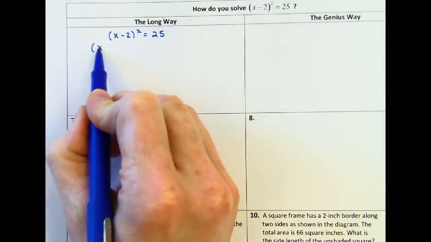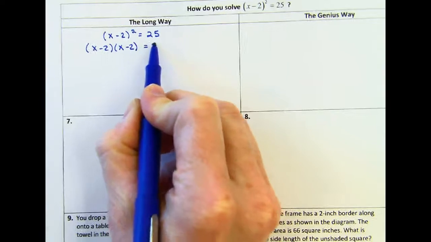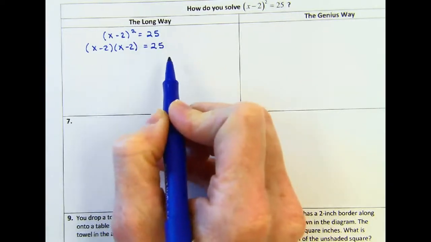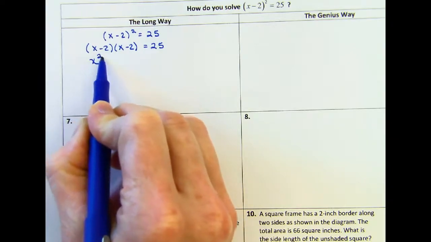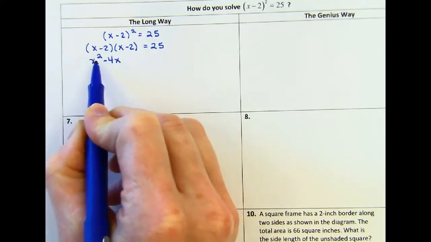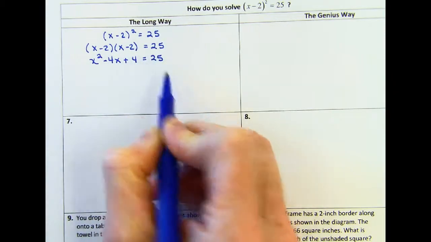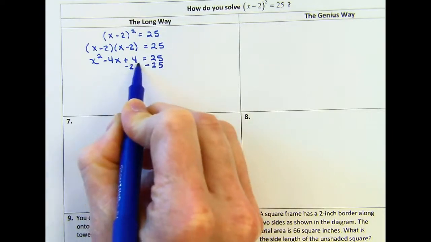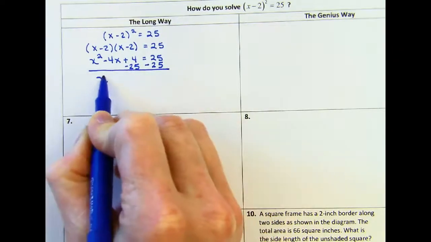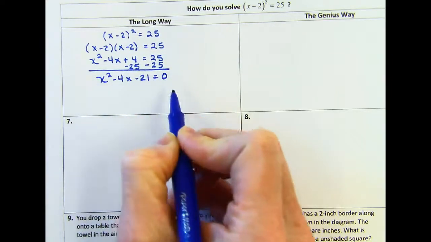You all know that x minus 2 squared means x minus 2 times x minus 2 equals 25. You also know that you have to multiply this out, use the distributive property, and you would get x squared minus 4x plus 4 equals 25. Then you would have to subtract 25 from both sides, and you would get x squared minus 4x minus 21 equals 0.